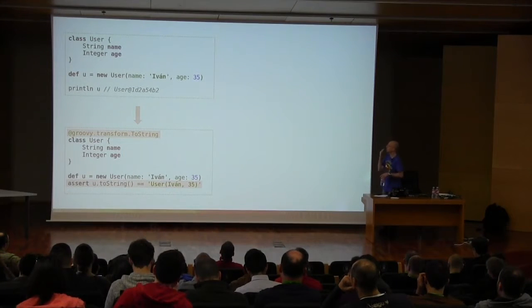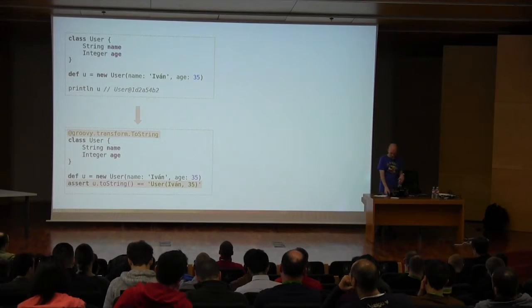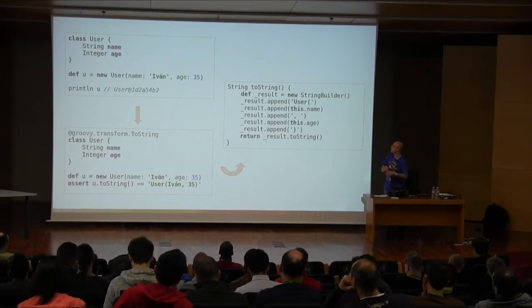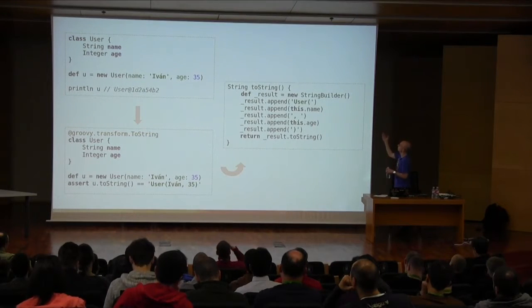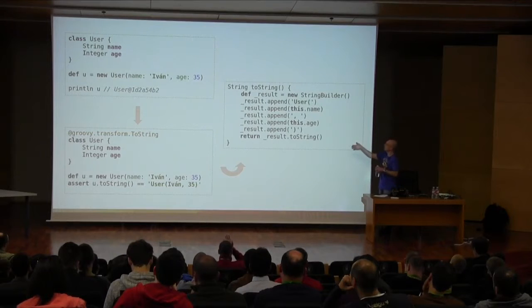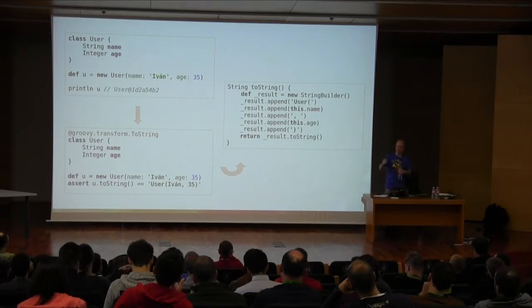And what this transformation is doing under the hood is creating something like this. It will implement our toString method and create a new StringBuilder, add the name of the class and the parameters. This is not the real code because they use some helpers and check for nulls and some kind of stuff, but it's pretty much the same.